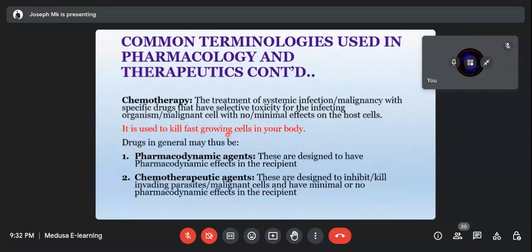Now we are saying drugs in general may be pharmacodynamic agents or chemotherapeutic agents. Pharmacodynamic agents are designed to have pharmacodynamic effects in the recipient. And we understand what pharmacodynamics is.